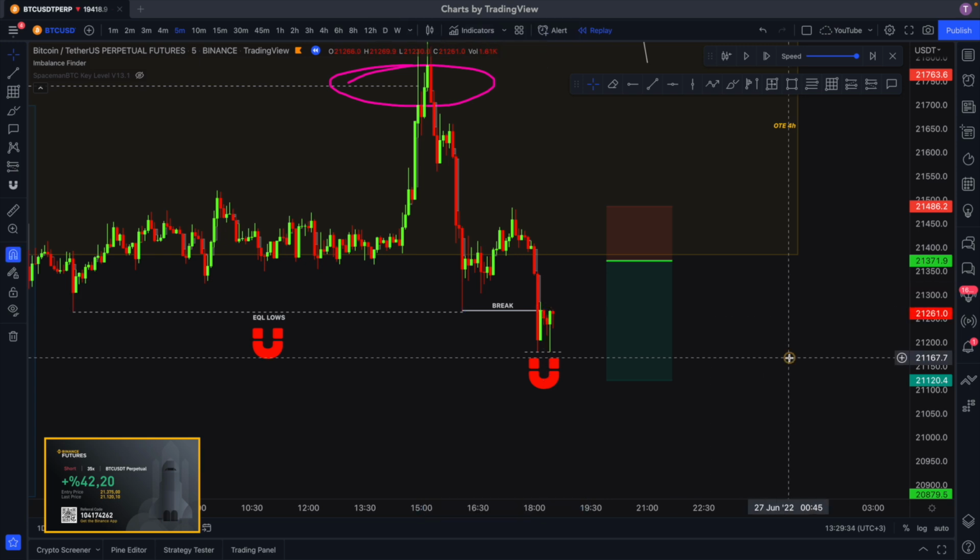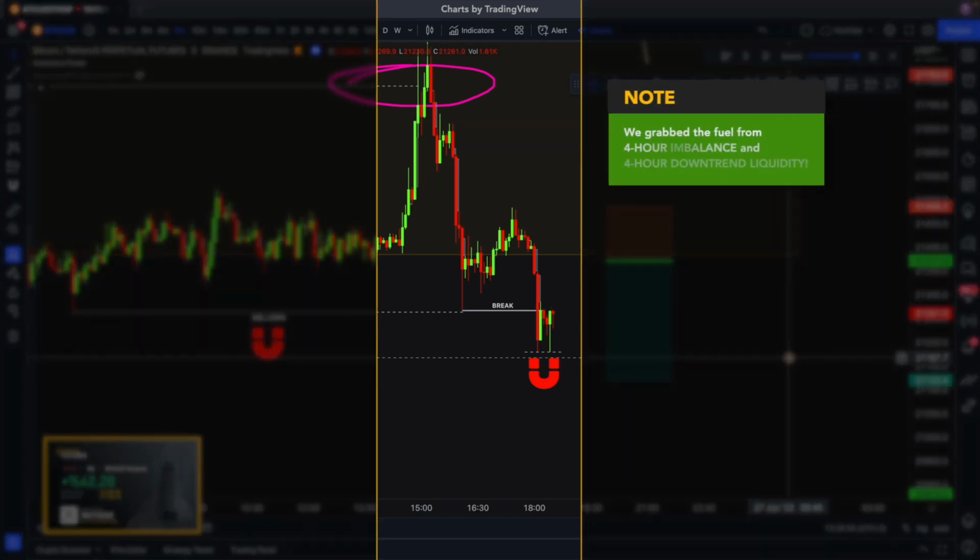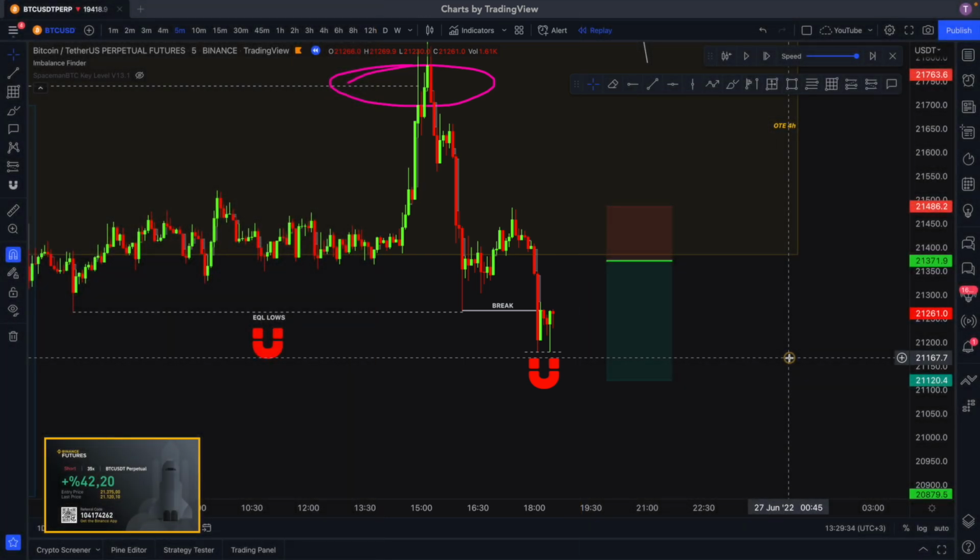As you can see, we keep making strong breaks because we got the fuel needed from imbalance and stop loss hunts in high time frames. And price keep making equal lows to be hunted. Even more reasons for short.